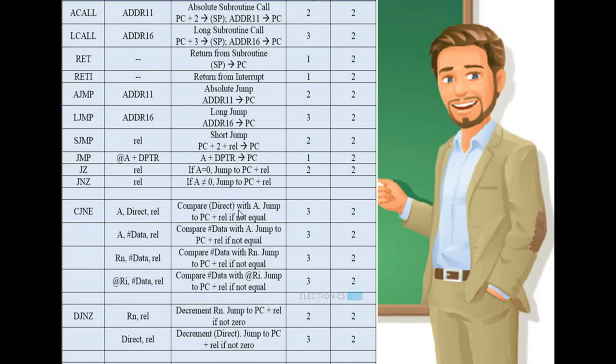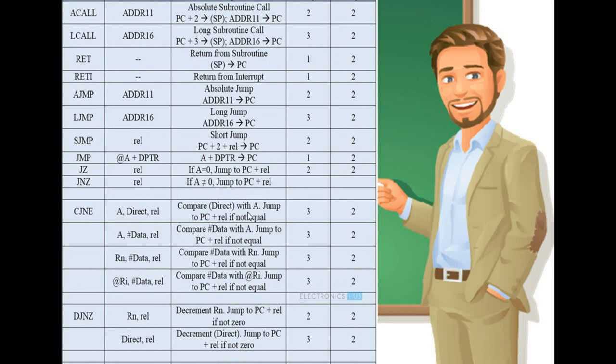Here, compare the direct value with A, whether it is equal or not. If it is not equal, then jump to program counter plus rel value.